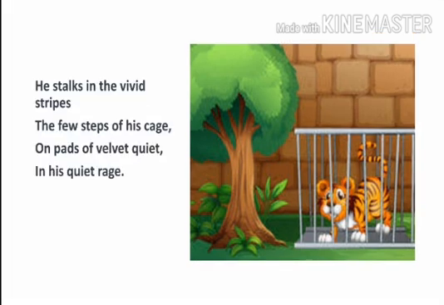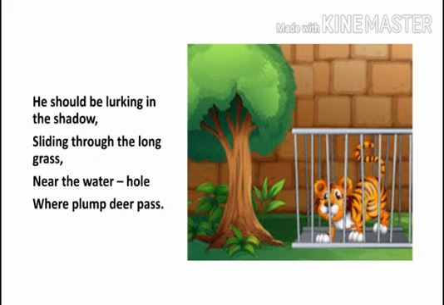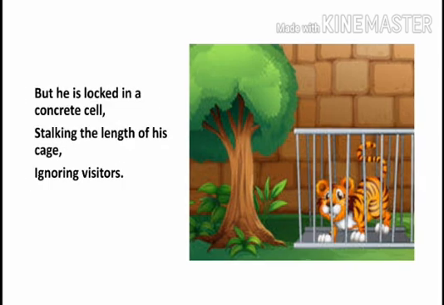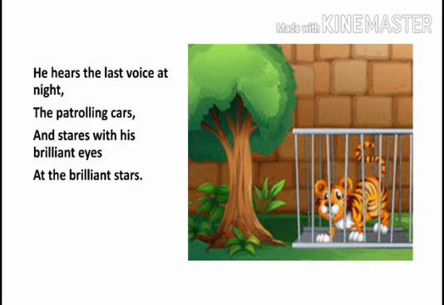The poem is already given in your book and we have already discussed the poem Tiger in our previous video. So what you have to do, you have to write down at least 12 lines of this poem with the poet's name and learn it and write it down in your copy.